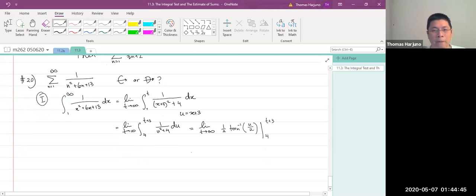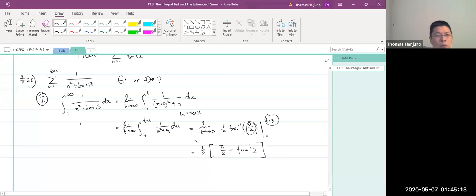Right? Okay. But then this equals 1/2, let me fast forward. When t goes to infinity, this is infinity, and the tangent inverse of that is pi over 2, minus tangent inverse of 2. Basically, this is finite.